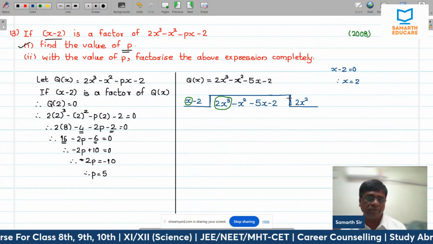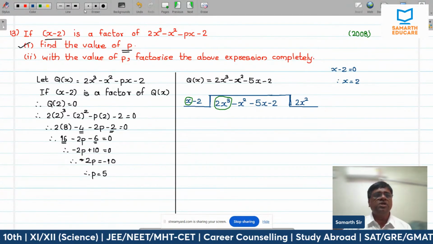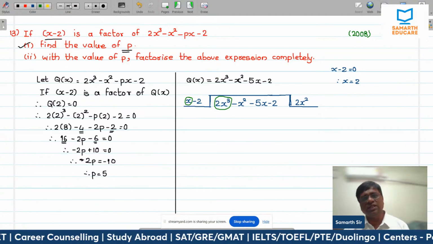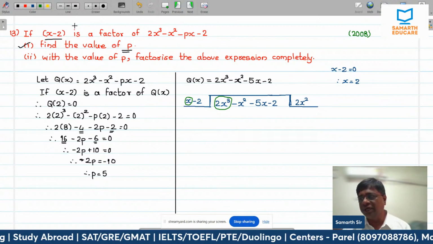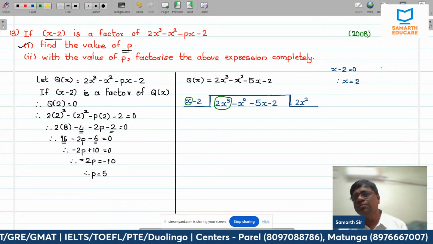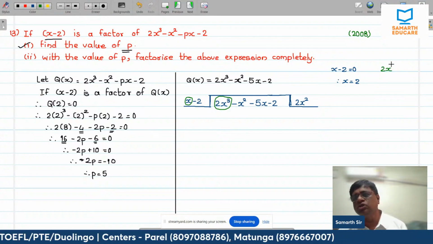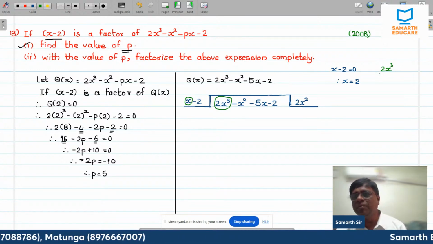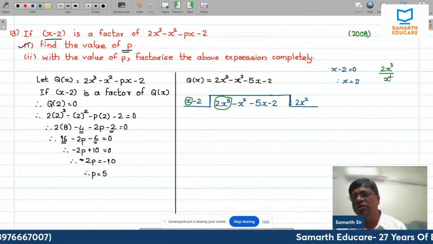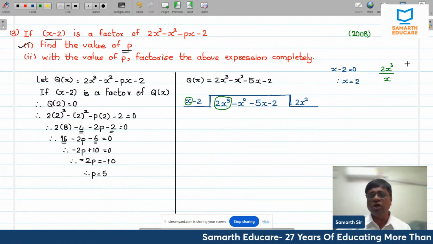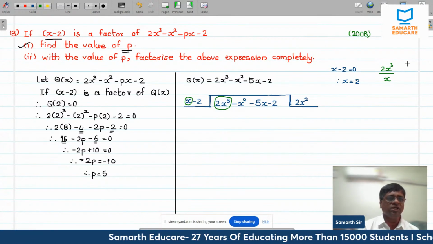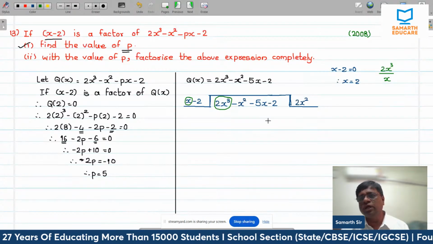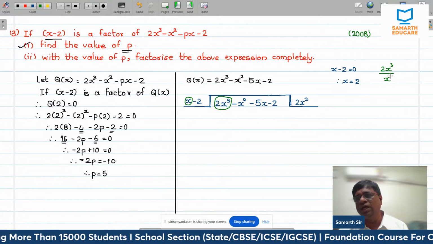Now, some of you may think, sir, our mind won't work this much, and I am okay with that. If you don't know where to get this 2x² from, simply talk to yourself: what I want is 2x³, and what I have is x. Divide these two terms in rough work, and the answer you get is, you cancel one x and you get 2x².